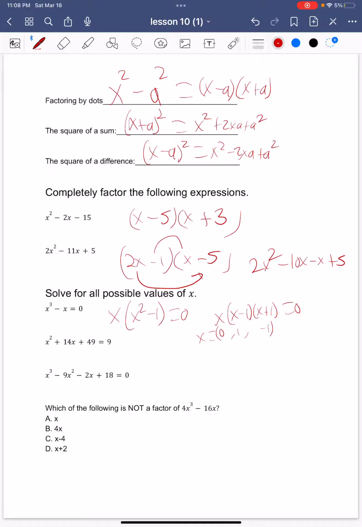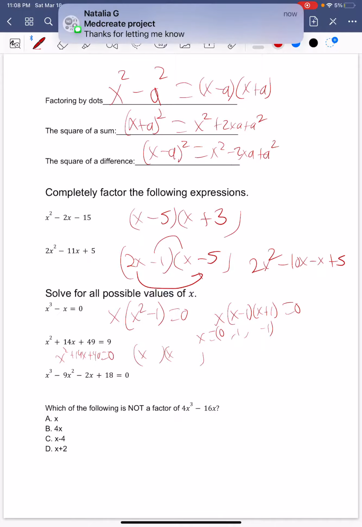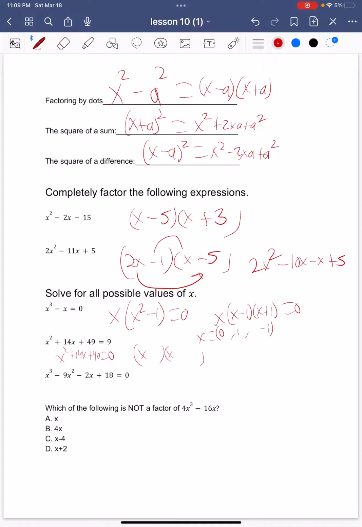x squared plus 14x plus 49 equals 9. So here, if we factor and solve for x, we have to set the equation equal to 0. So x squared plus 14x plus 40 equals 0. Now we have to find two numbers that add to 14 and multiply to 40.